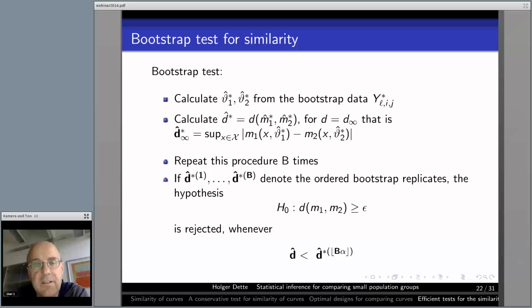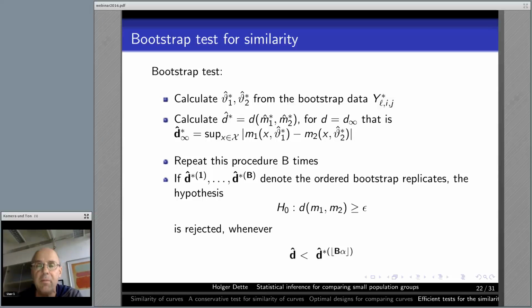When we have done this, from this simulated data we get a bootstrap estimate of the maximum deviation between the two curves. Then we take the bootstrap quantile, and we reject the null hypothesis whenever our original statistic is smaller than the bootstrap quantile.